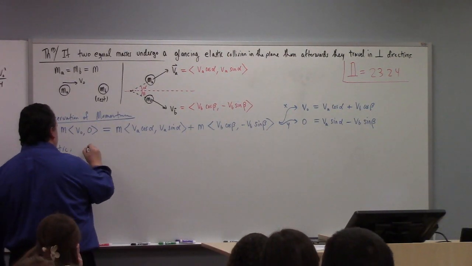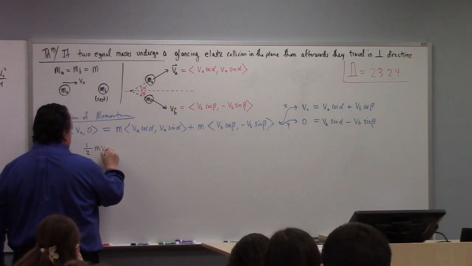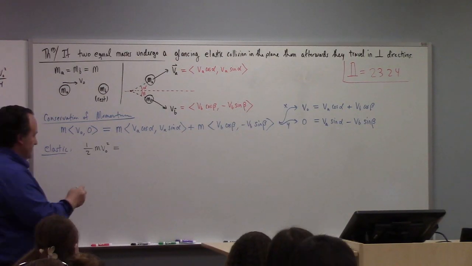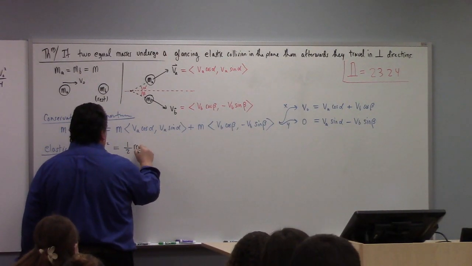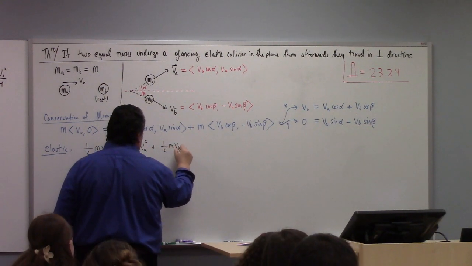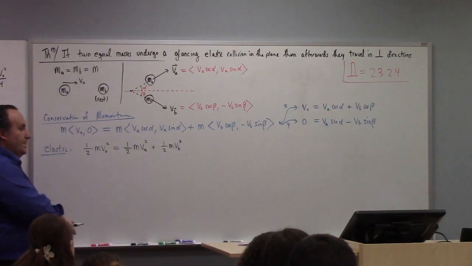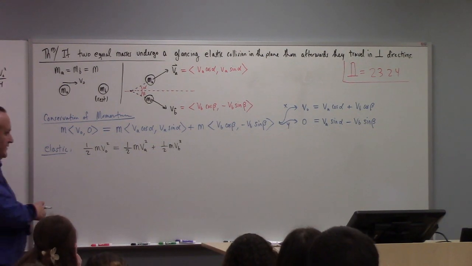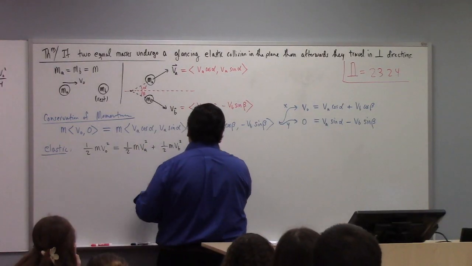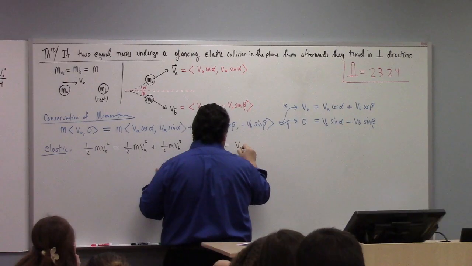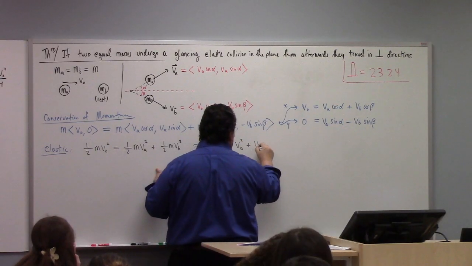We have 1/2 m v naught squared, that's my initial kinetic energy, and that's equal to 1/2 m VA squared plus 1/2 m VB squared. So let's divide by m over 2 and get a nicer equation to play with. This tells me that v naught squared is equal to VA squared plus VB squared.